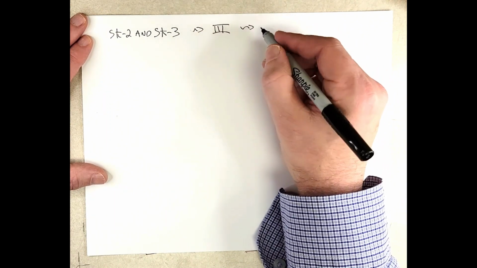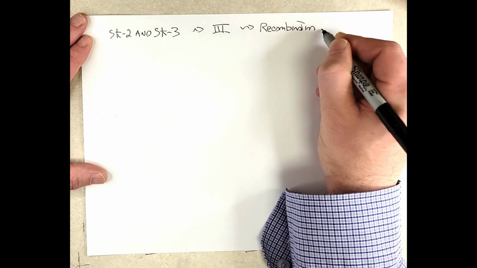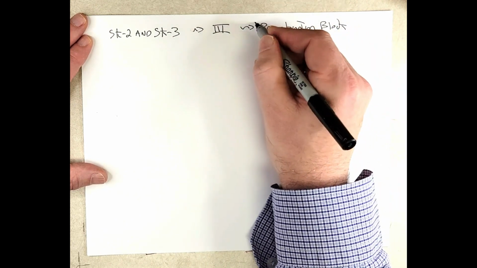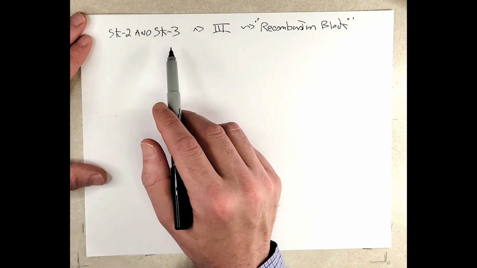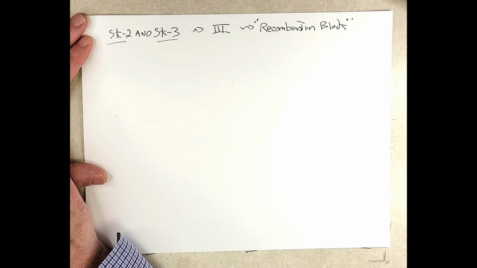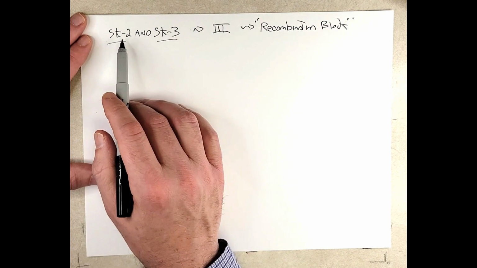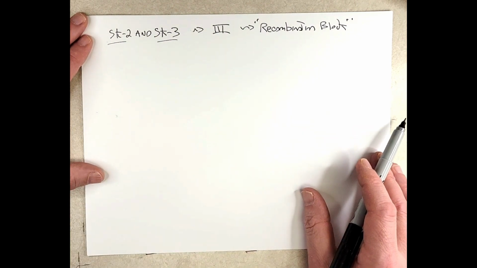There is a recombination block, or suppressed recombination, on chromosome 3 when SK2 and SK3 are crossed with a susceptible or sensitive strain, a strain that is sensitive to killing by either one of these. Okay, let me go over that in more detail.